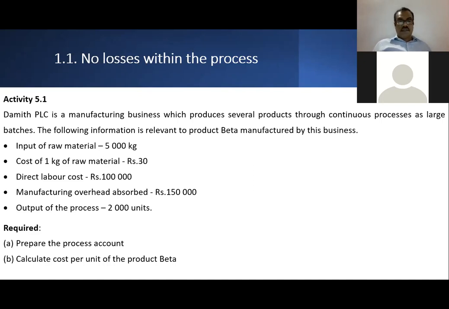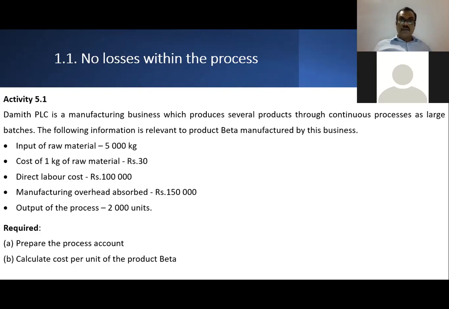Direct labor cost, 100,000. Manufacturing overhead absorbed, 150,000. Then the output of the process is 2,000 units.